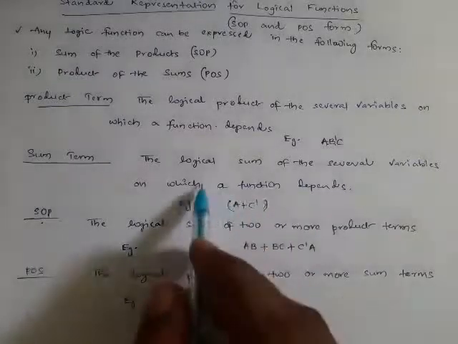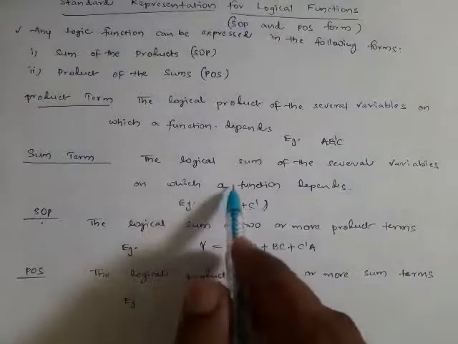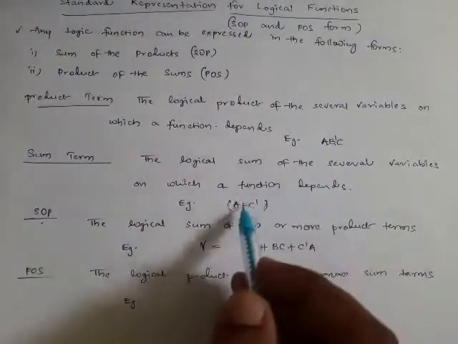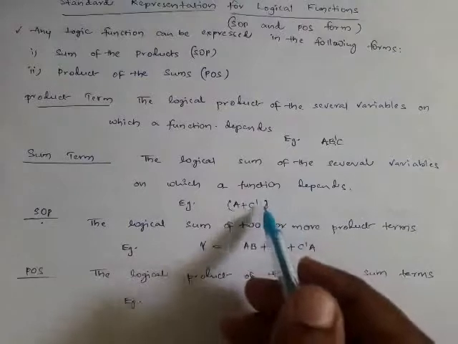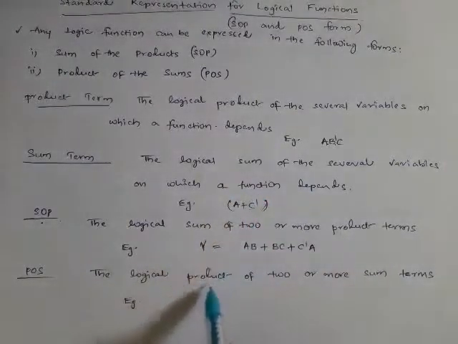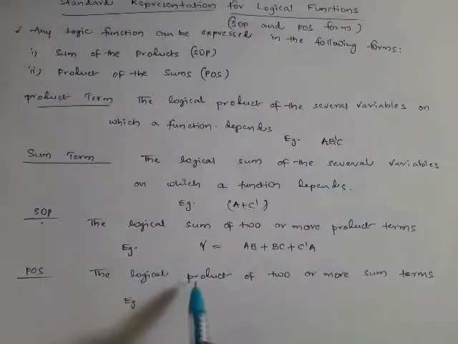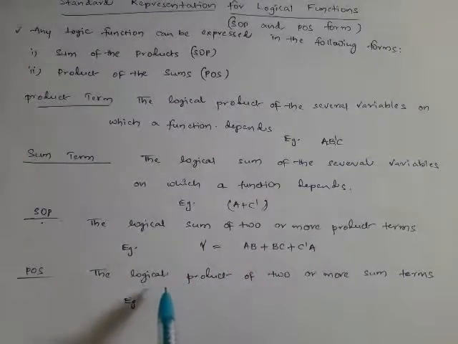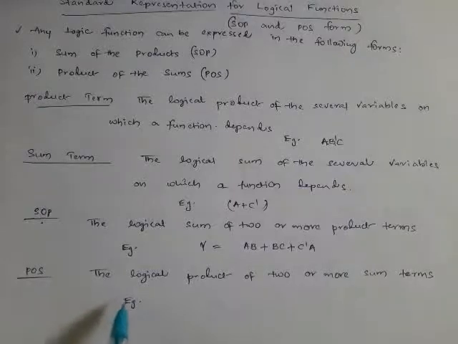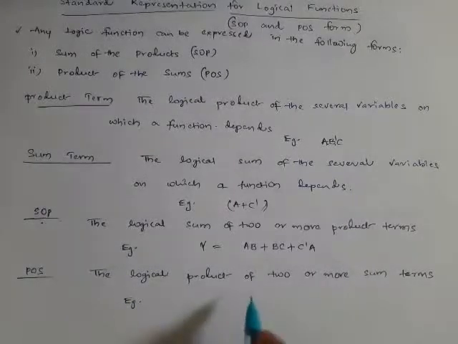We already defined it. A sum term is the logical sum of any number of variables on which the function depends. If we take such sum terms and perform the AND operation on all of them, we get the product of sums form of representation for the logical function.